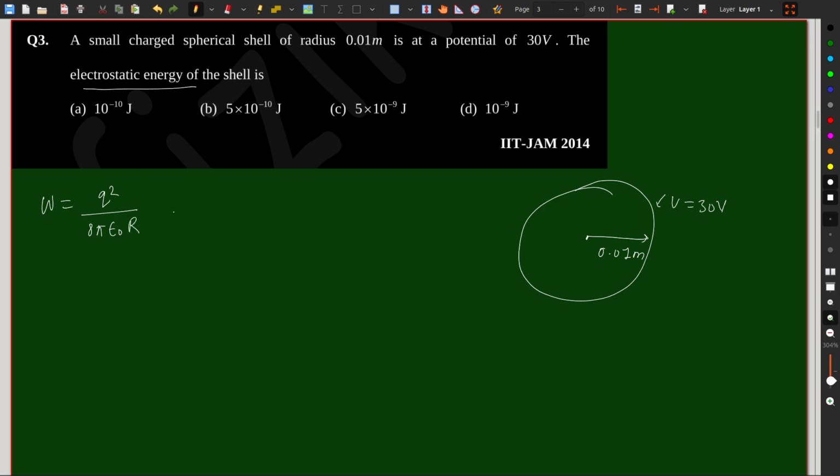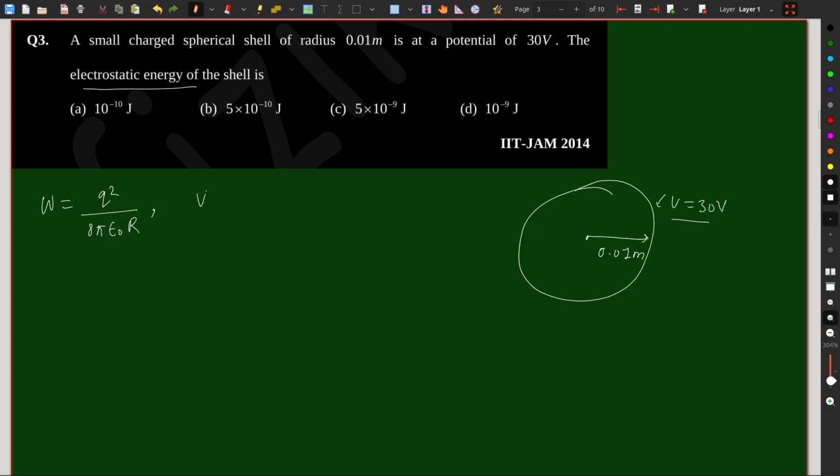But R is given and 8 pi epsilon naught is constant. Q square, Q is not given. How will we calculate Q? But potential is given, so anyhow we have to calculate Q from this potential.